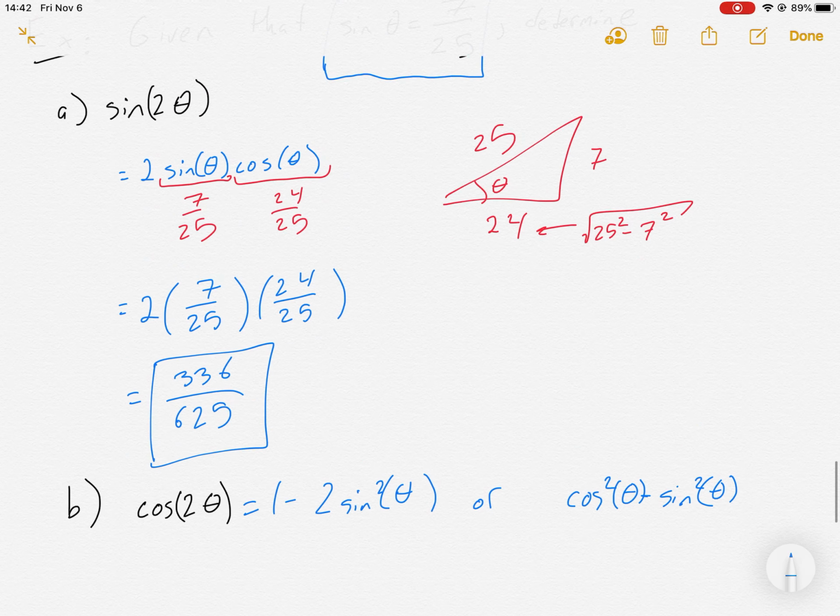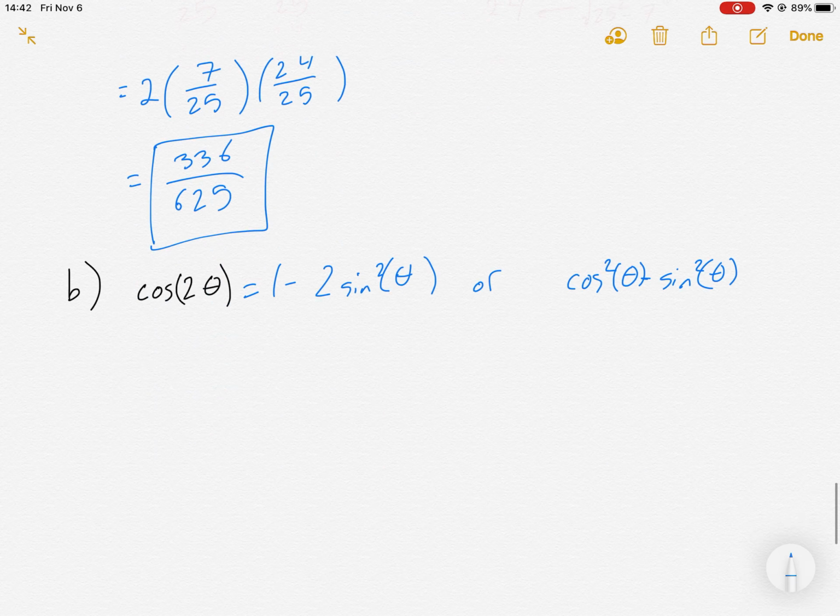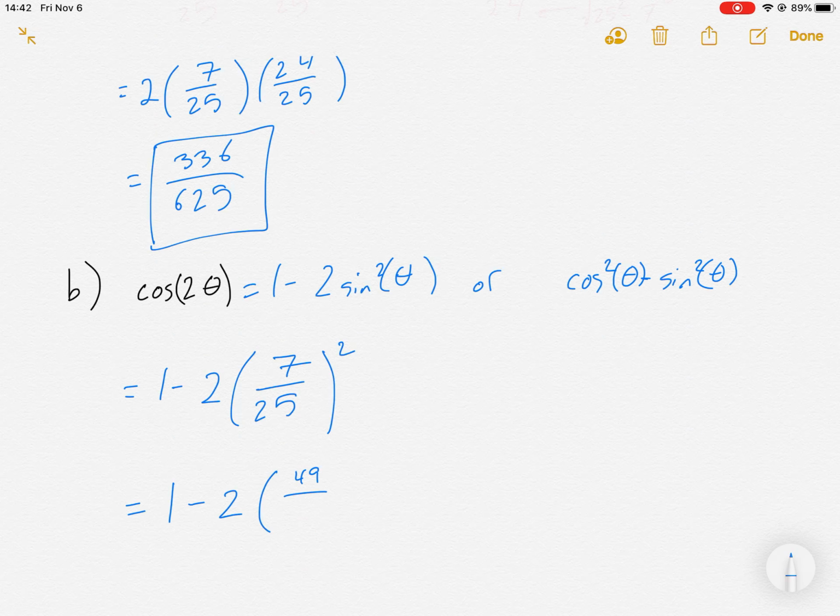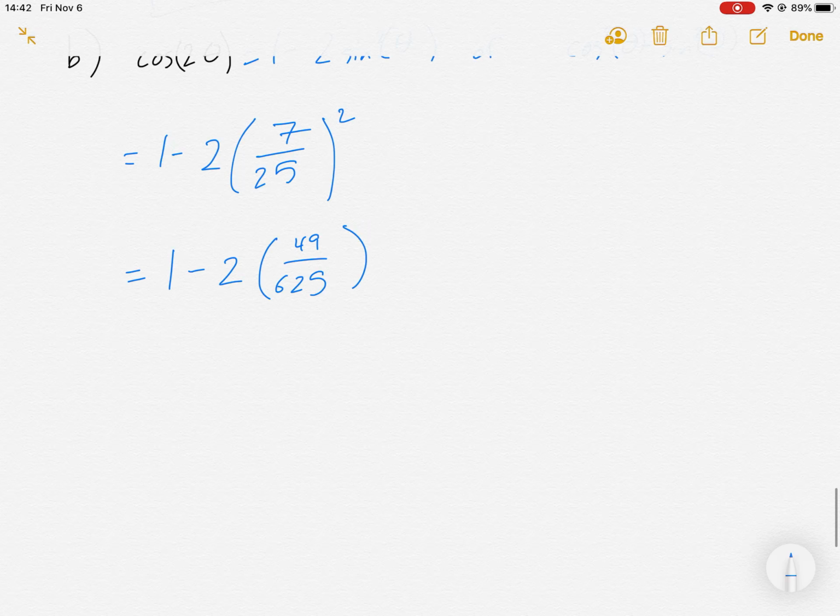If we hadn't had to draw the triangle already, we could just plug 7 over 25 in. So we would just end up with 1 minus 2 times 7 over 25 squared. So it's sine of theta, and then we square it. So I end up with 1 minus 2 times 7 squared is 49, 25 squared is 625. And now we're just dealing with some fractions here. 98 over 625. I don't know what this is off the top of my head.